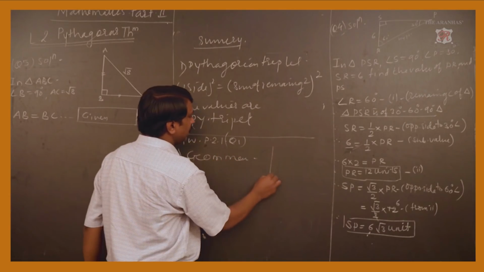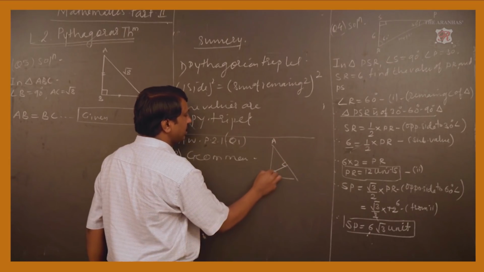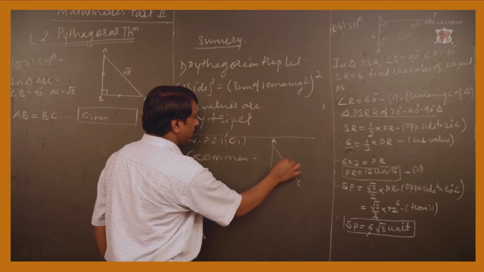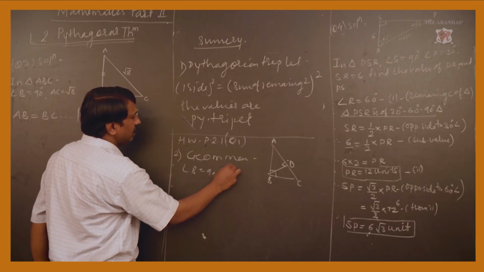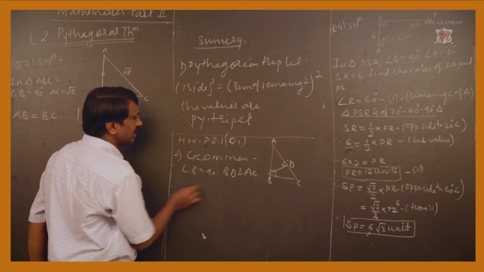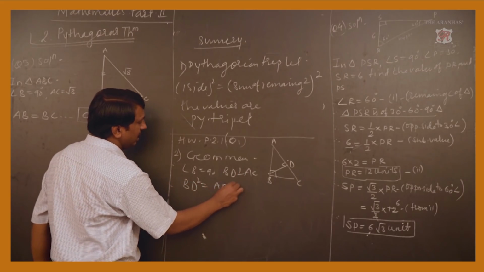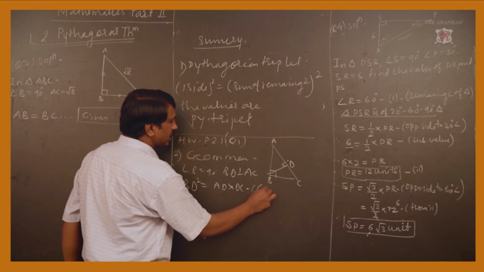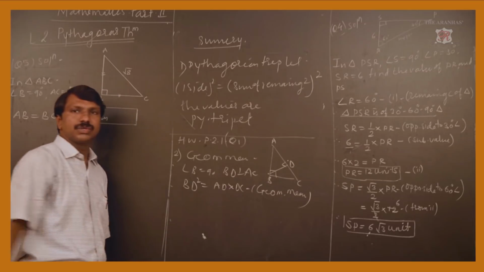So here simply think, from any right angle triangle if you construct the altitude, for example here ABCD, so angle B is equal to 90, and if BD is perpendicular to AC, then BD squared is equal to AD into DC. This is known as the geometric mean.